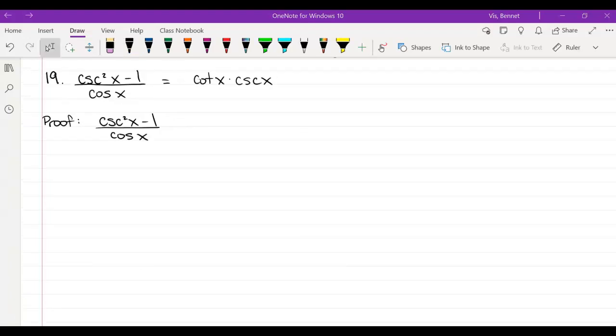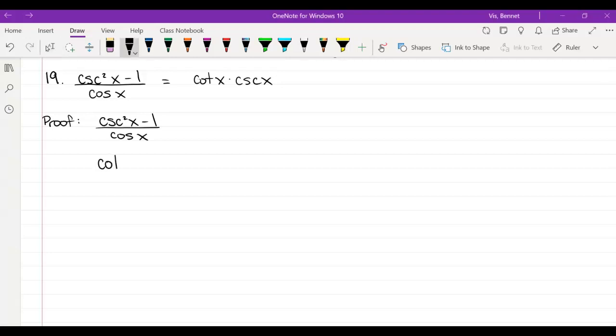My next one's number 19. I want to show the cosecant squared of x minus 1 divided by the cosine of x is equal to cotangent x times cosecant x. This one involves some other functions that are not the sines and cosines, so it's a little more interesting. But right away, start by restating this, and I have this top thing, that difference of squares, that, yeah, cosecant squared minus 1 is just the cotangent squared.